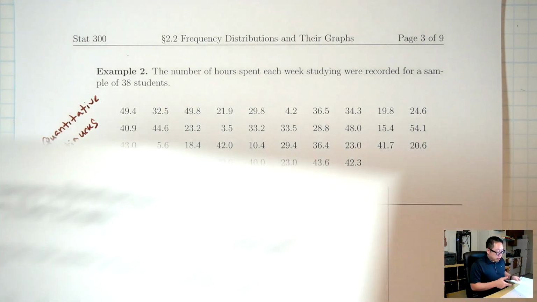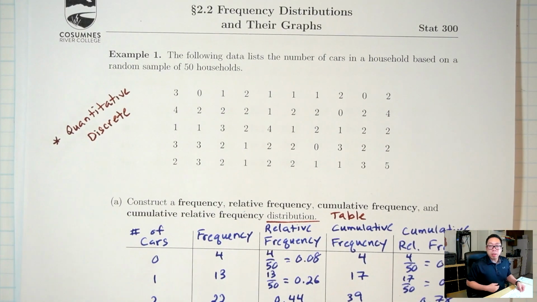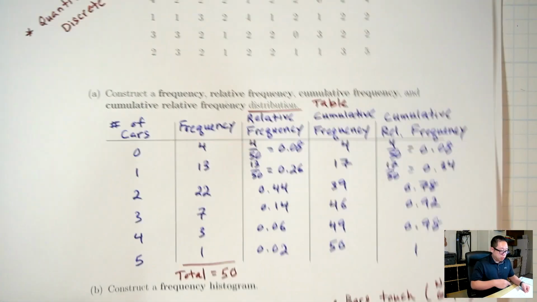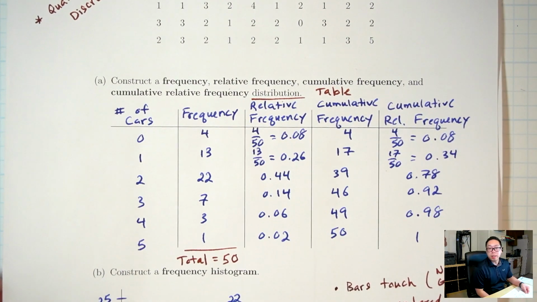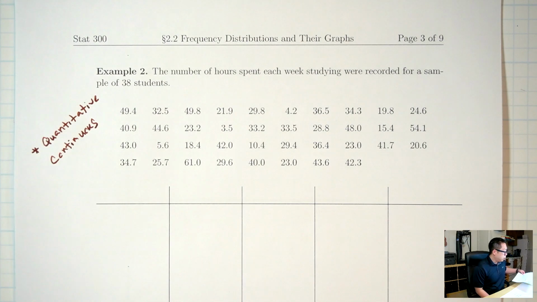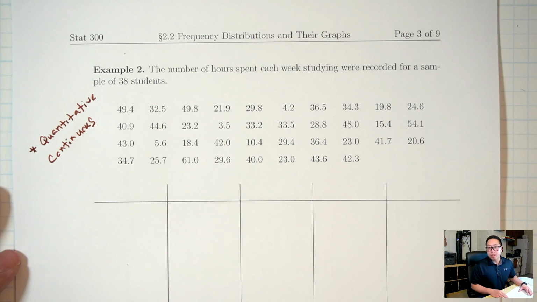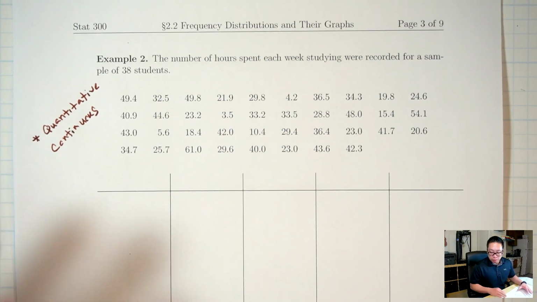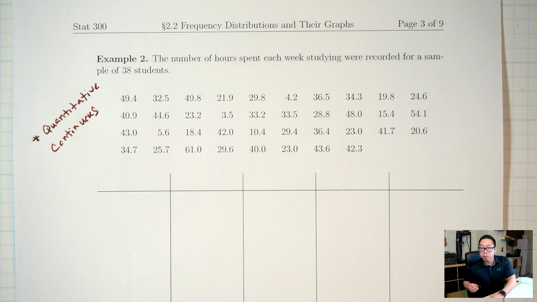In example 1, because it was quantitative discrete, we were able to list out all of the data values. In example 2, because it's continuous, because you're allowed to have any decimal as a value, you can't just list out all of the decimals. There's just too many. So what do you do? You break up the data into chunks, or ranges, or classes is what it's officially called.